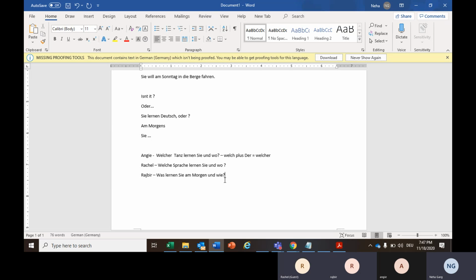And which conjunction is used for through? Sorry? Through, like durch. Sorry, ma'am, what do you want to say? Through online classes. So that is not through like with the help of. Through is like something where you are going through something, when you are passing through something. So durch is for that. Maybe you can just simply write I learn it online.